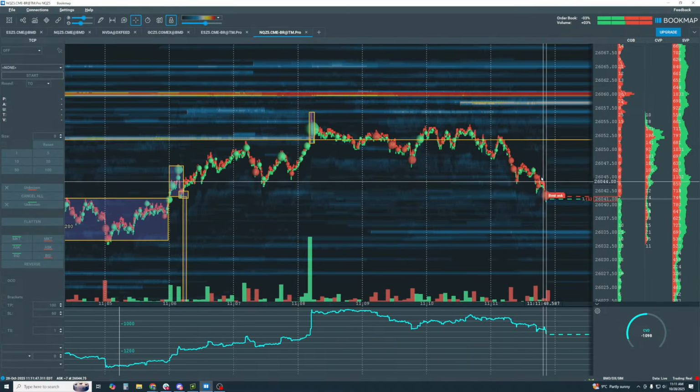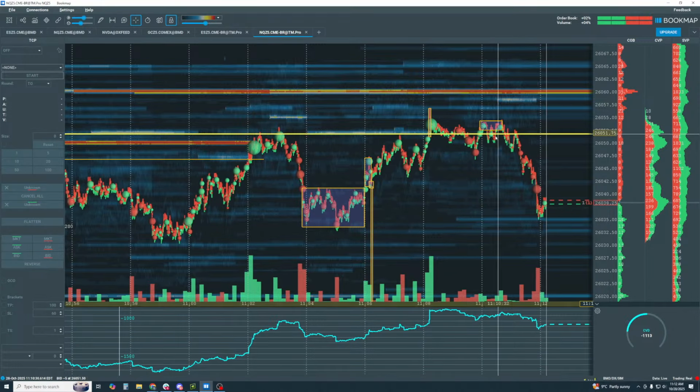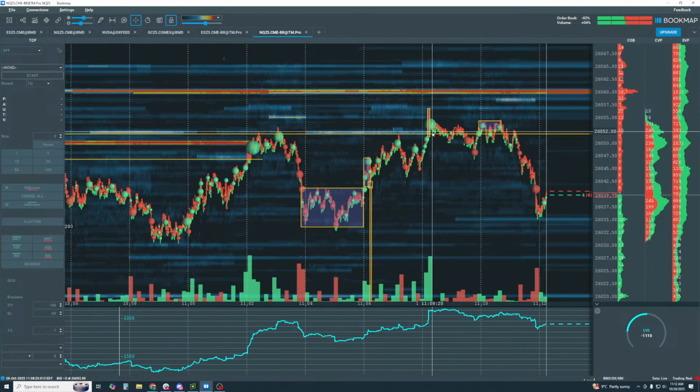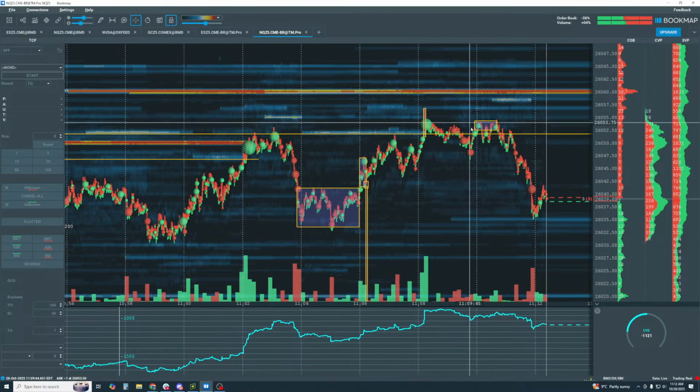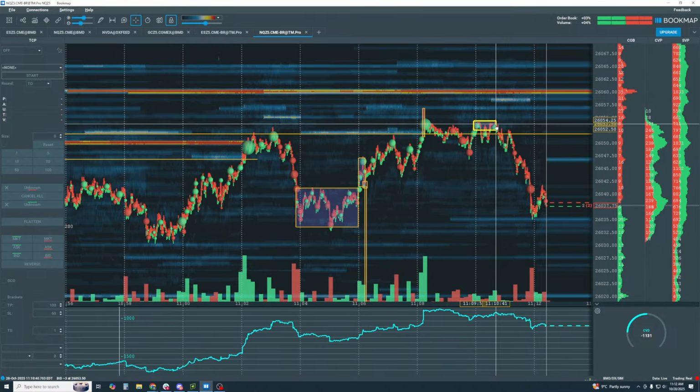I mean, the other day we saw these work out time and time again. But it's asking a little much maybe, because the move outside of that range was only a few points for the Nasdaq, and then it failed to go outside of that range. Up in here, it still looked pretty good to me.